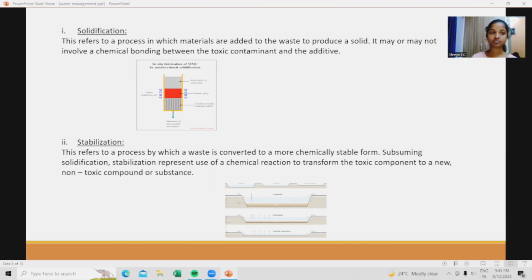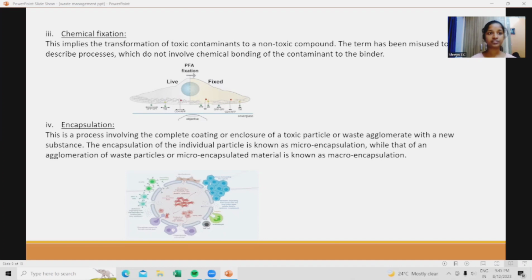The third one is chemical fixation. This implies the transformation of toxic contaminants to a non-toxic compound. The term has been misused to describe processes which do not involve chemical bonding of contaminant to the binder. Encapsulation.